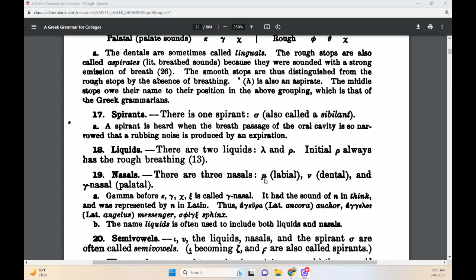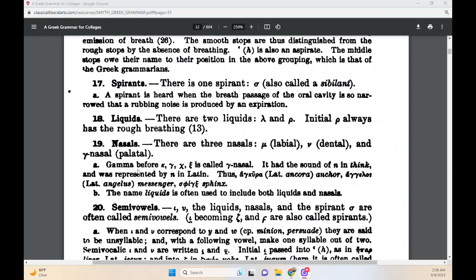So it's a nasal with respect to the air and labial with respect to the place where the sound is produced. Nu is dental because we use the teeth, and gamma nasal is palatal. It's produced in the top towards the back of the mouth. But these are the 3 nasals: mu, nu, and gamma nasal.